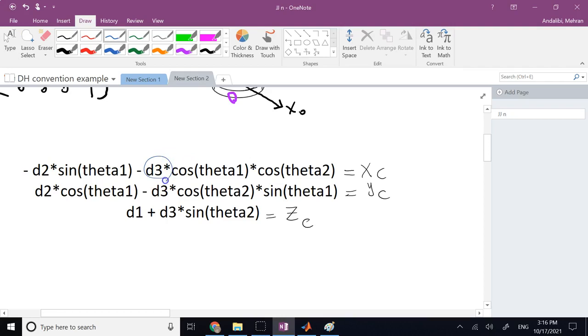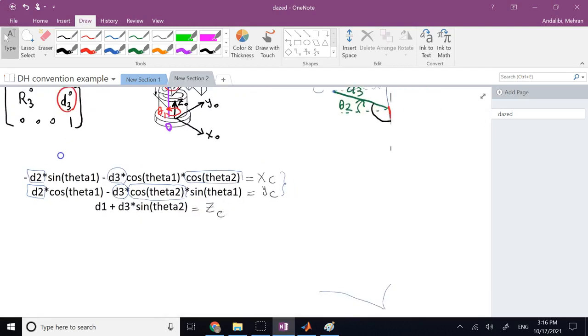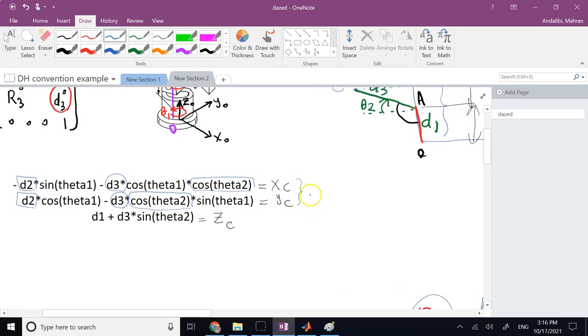And that's the same as if you look at these equations. Remember that now I have d3 and cosine of theta 2, so these are all taken care of, and d2 is also taken care of. So basically that's equivalent to solving these two equations, which should give you sine theta 1 and cosine theta 1.